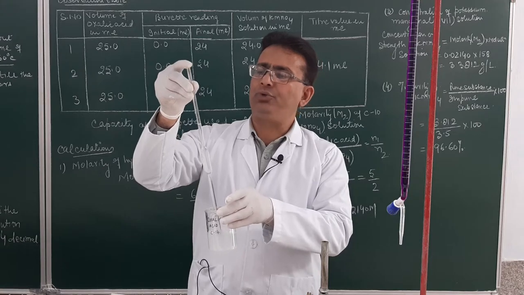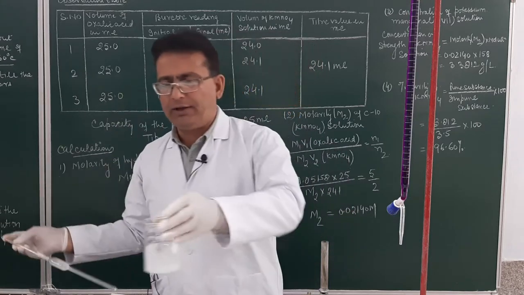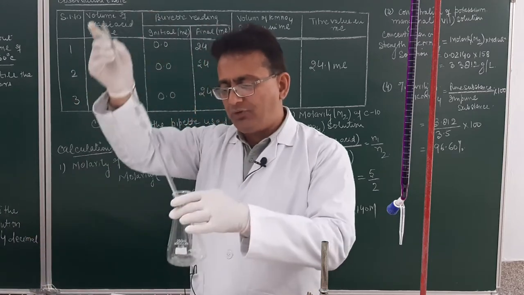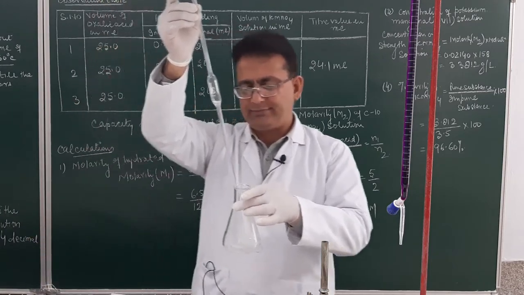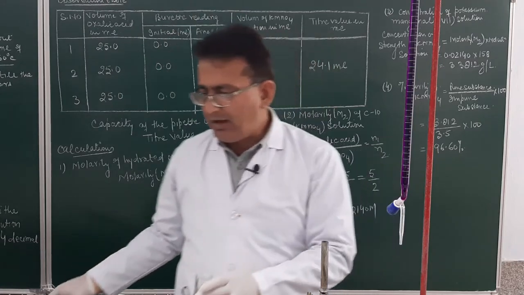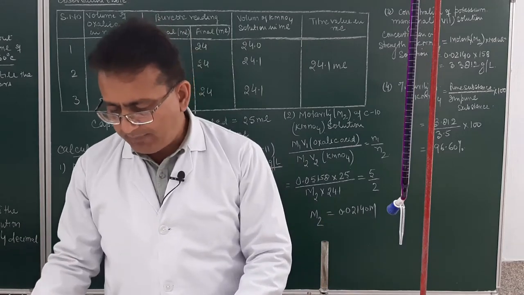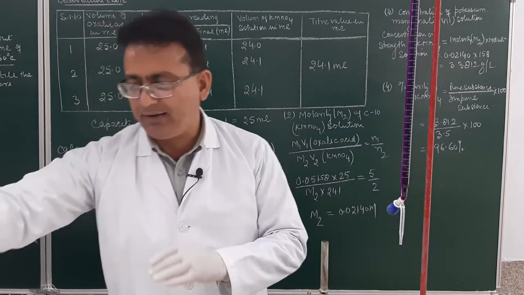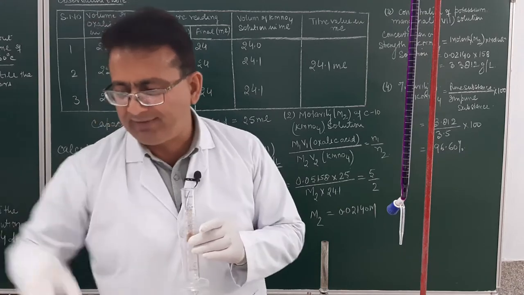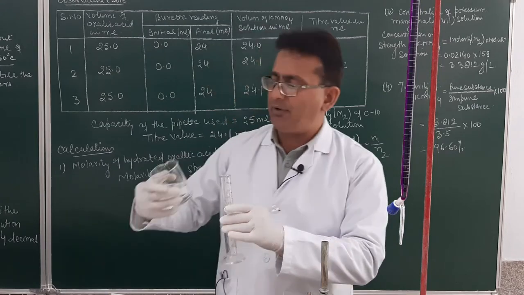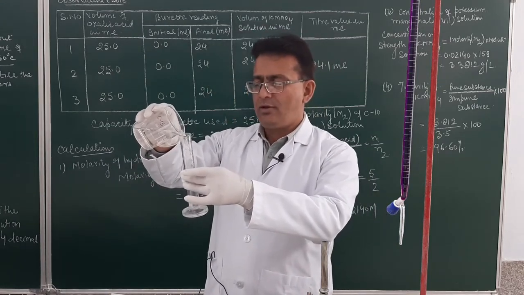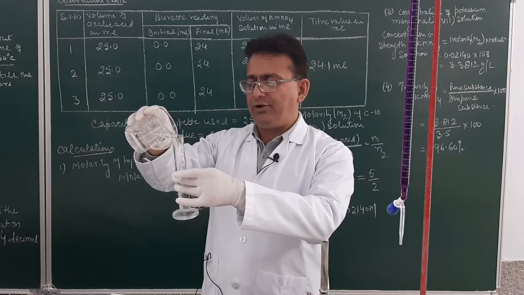You may see over here, student, I have taken it up to the mark, and 25 ml of this is being taken into the conical flask. Now, I will add 20 ml of sulfuric acid by measuring through a measuring cylinder. 20 ml of this is being added.